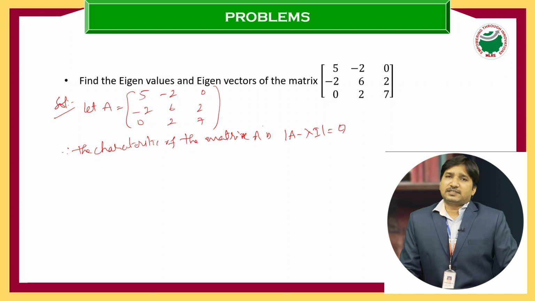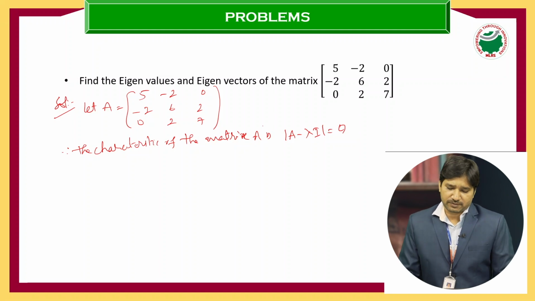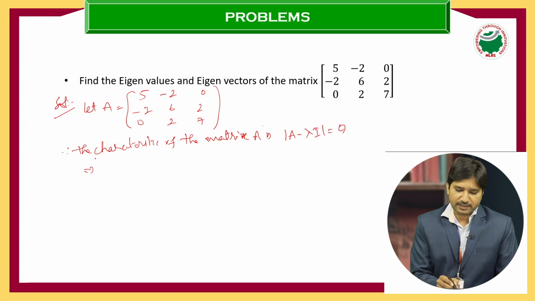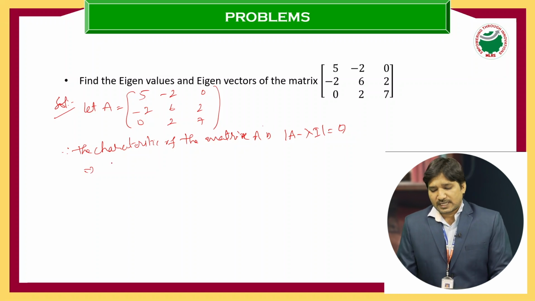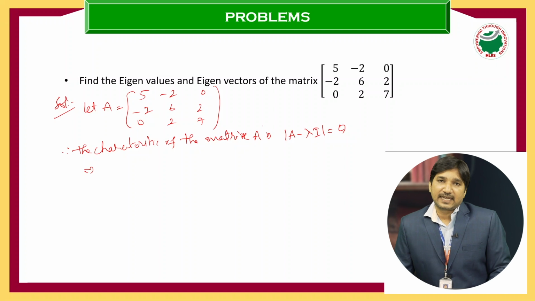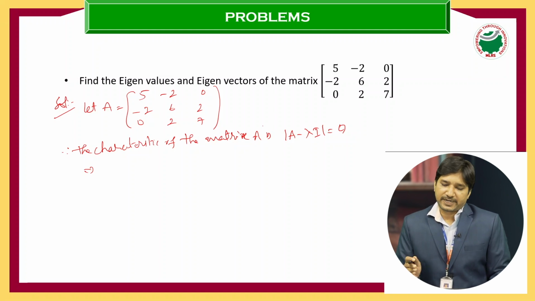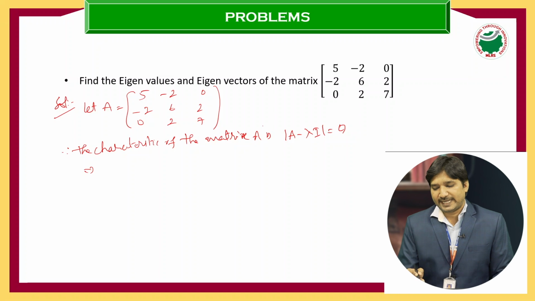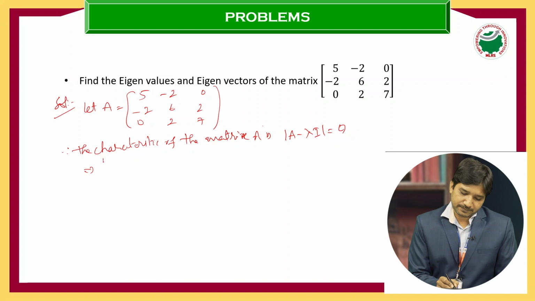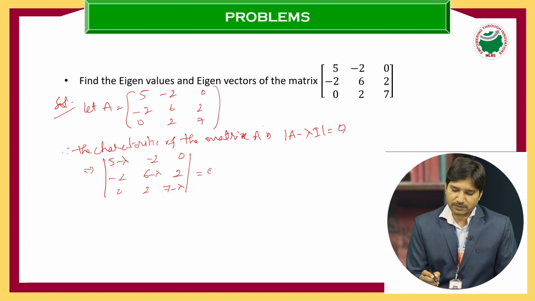That means the scalar value lambda is subtracted from the given matrix only in the diagonal entries. So we can write: 5 minus lambda, minus 2, 0; minus 2, 6 minus lambda, 2; 0, 2, 7 minus lambda; equal to 0.